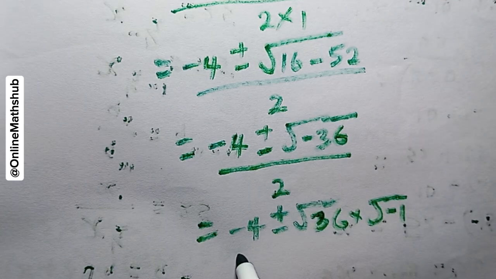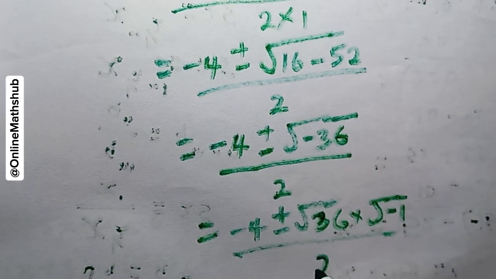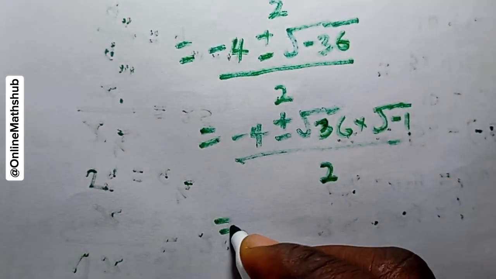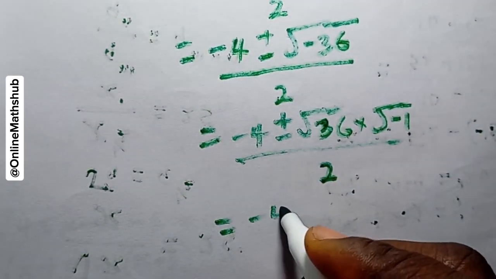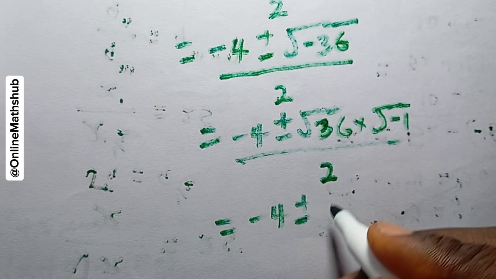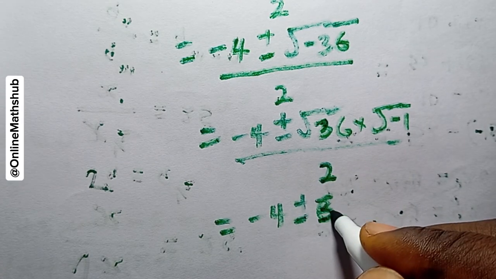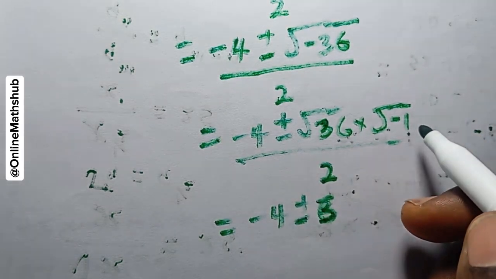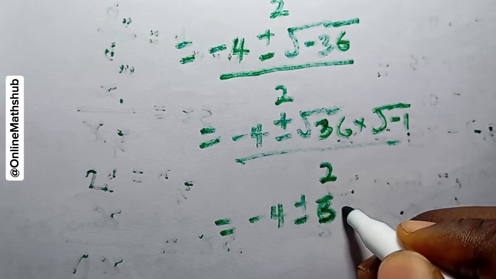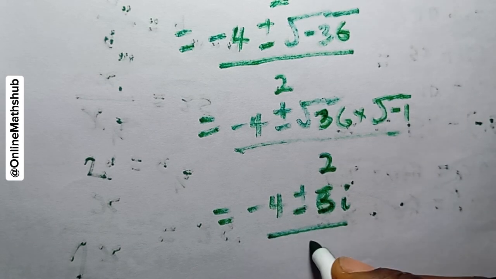Don't forget this is divided by 2. Moving on, this will be equal to minus 4 plus or minus root 36, which is 6, and root minus 1 is the complex value i, and this is divided by 2.